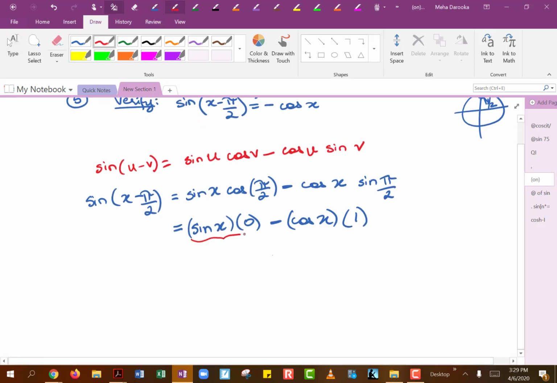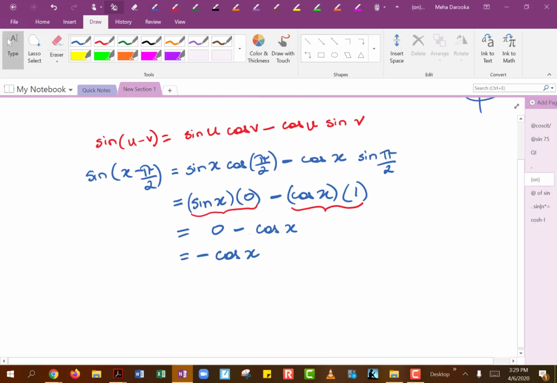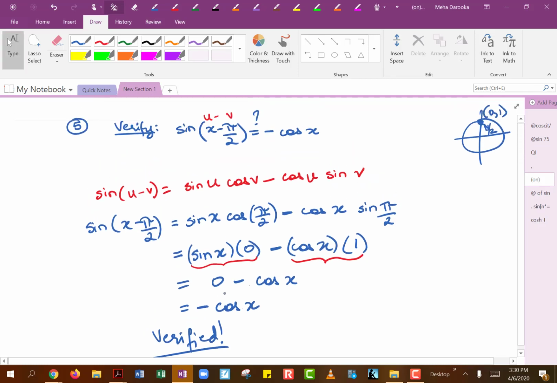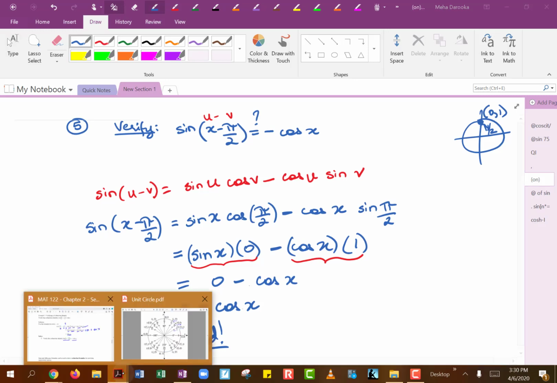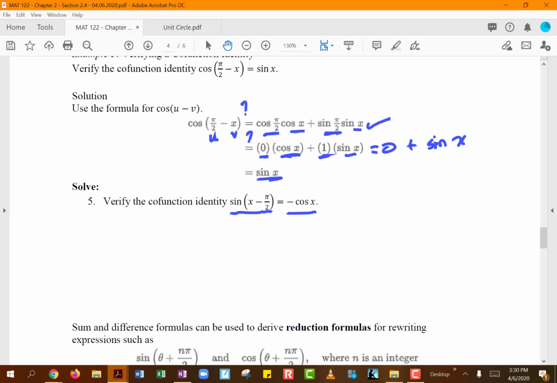So 0 times sine of x, 0 times anything is 0, so this ends up becoming 0, and then cosine of x multiplied by 1 will of course be just cosine of x, so you end up getting 0 minus cosine of x, which ends up giving you negative cosine of x, and now we can say we have verified this cofunction identity, and we can show that it will equal negative cosine of x. So it's not too bad, like I said. Just make sure you're using the rules properly and correctly.